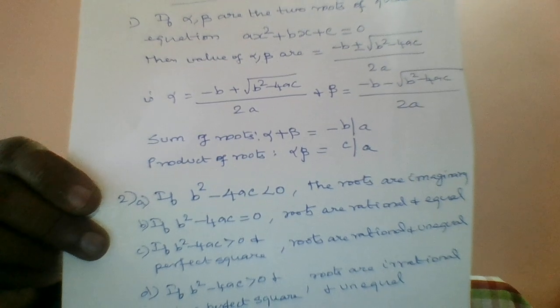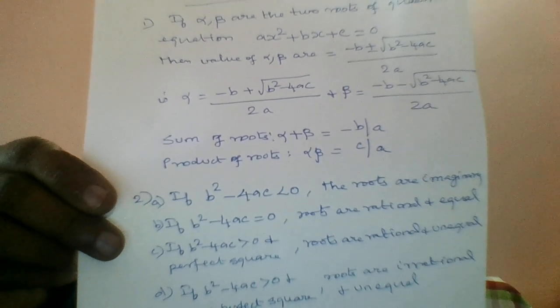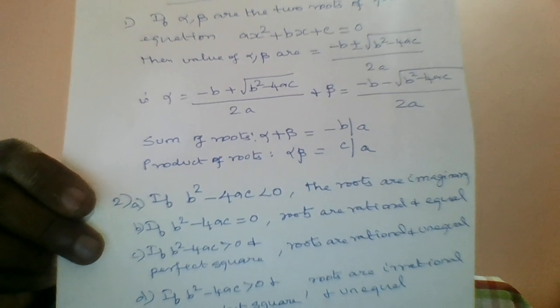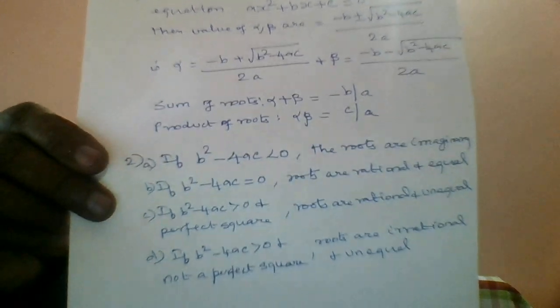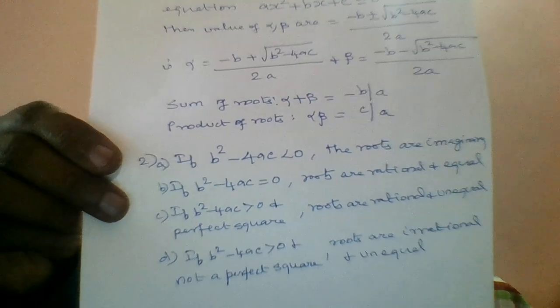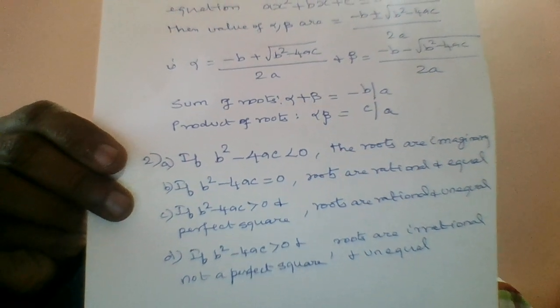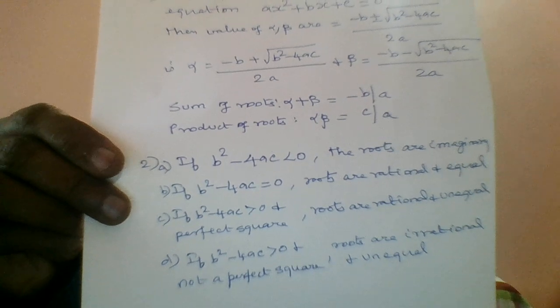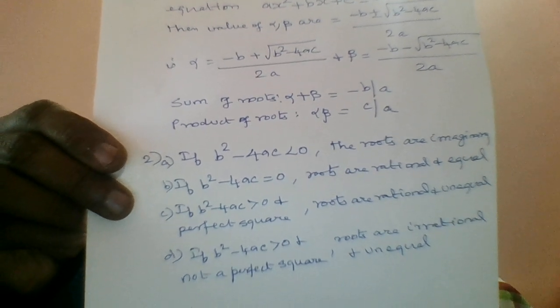If b^2 minus 4ac is greater than 0 and a perfect square, then roots are rational but unequal. If b^2 minus 4ac is greater than 0 and not a perfect square, then roots are irrational and unequal. So these are the formulas related to quadratic equation.